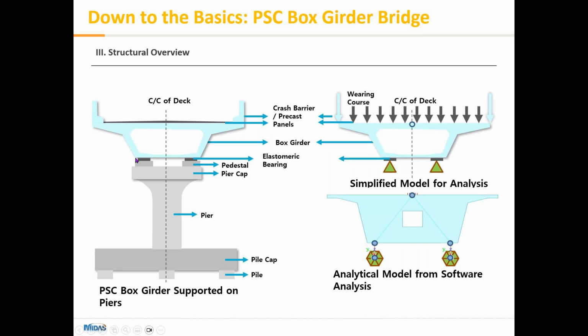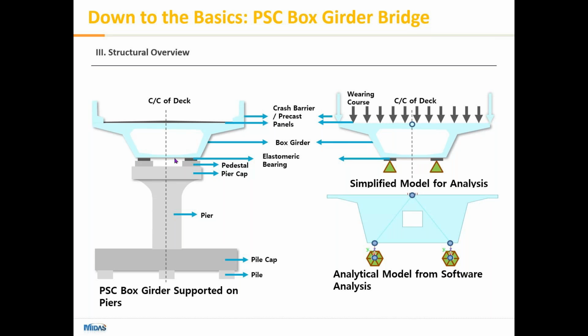We are going to see in detail how the superstructure of this bridge will be modeled. So you could see this will be my superstructure, in which we have the crash barriers, the bearing surface. Then as we go down, we have the bearings, the pedestals, the pier caps, and piles.